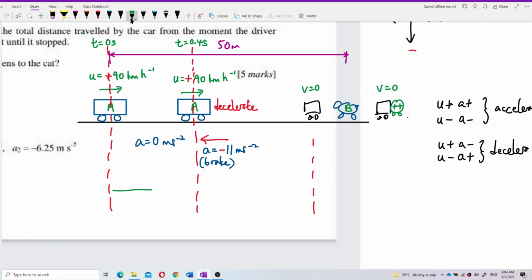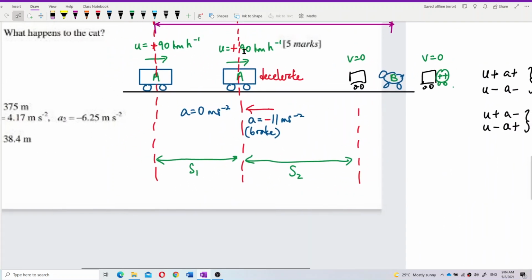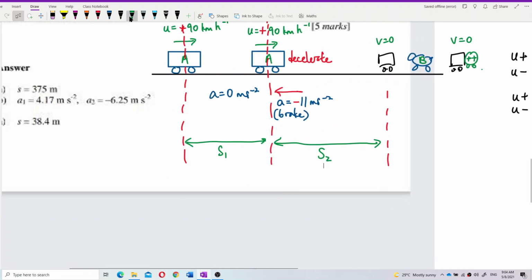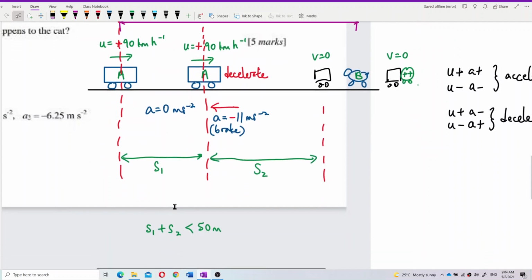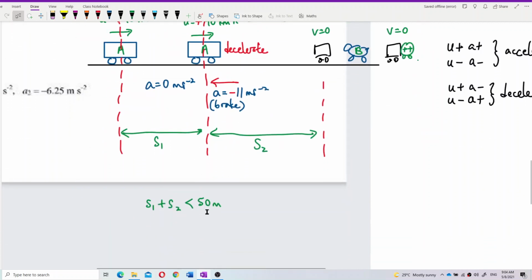Okay, so we have two sections. We have S1 and S2. So we need to find S1 and S2. So what conclusion we can make is, if S1 plus S2 is less than 50 meter, because 50 meter is the original distance between the car and the cat, the cat is safe.